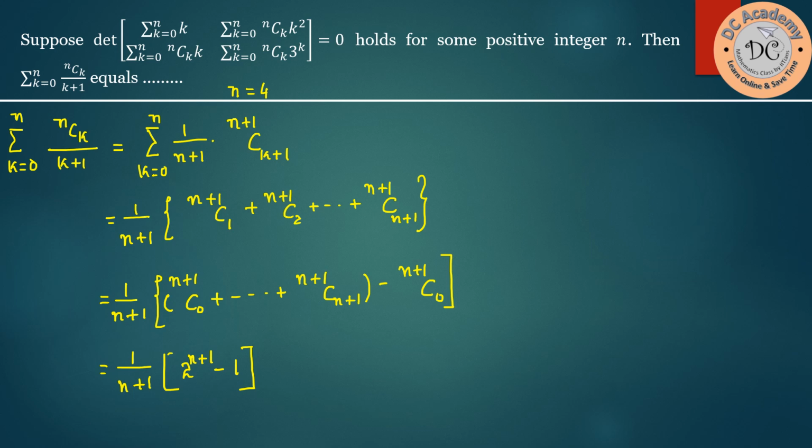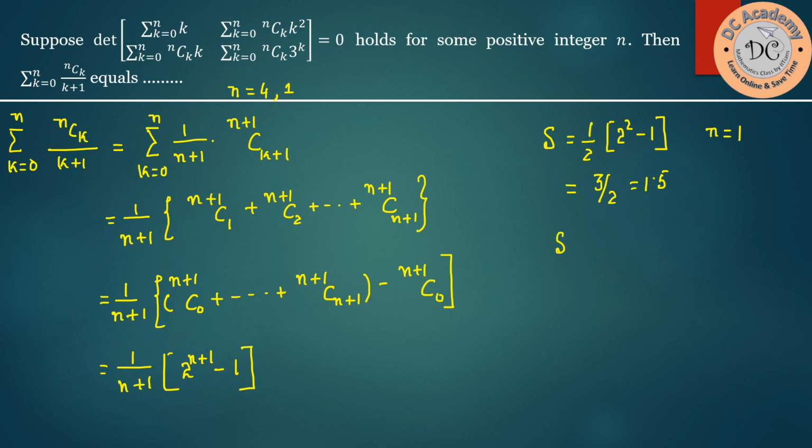But see that if I consider n equal to 1 as well, the required summation, if I consider it as S, when I take n equal to 1, is 1 by 2 multiplied by 2 to the power 2 minus 1. So it's 2 square minus 1, which gives 3 by 2. That's 1.5.